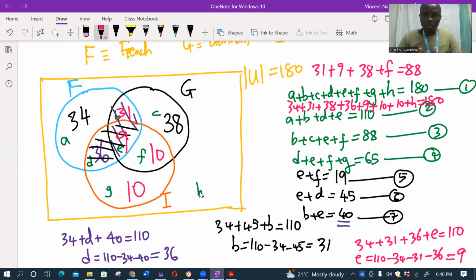Now, when I add all this, 34 plus 31 plus 38 plus 36 plus 9 plus 10 plus 10, I get 168. So from 180, I get 12. So H is 12. So that's a complete Venn diagram.